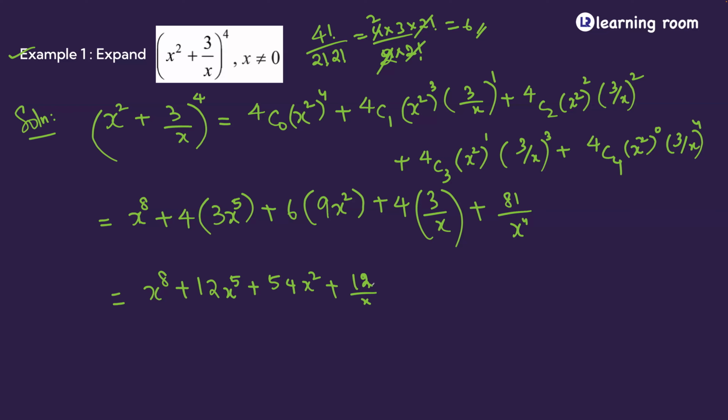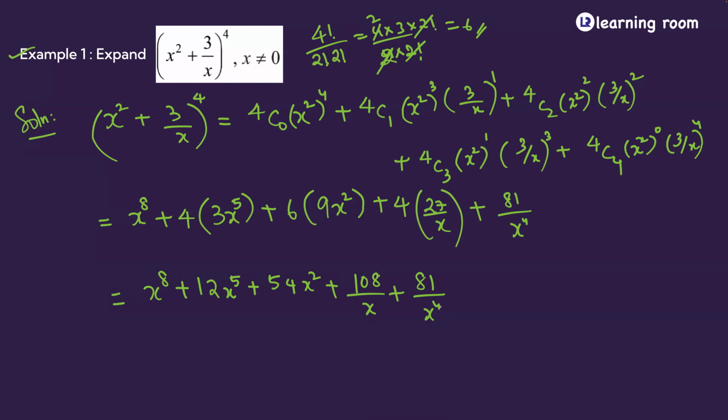Oh, 3 cube, yeah. It should be 27. So 27 into 4 is again going to be 108. So here it is 27. It is going to be 108 divided by x plus. But x square is there. No?